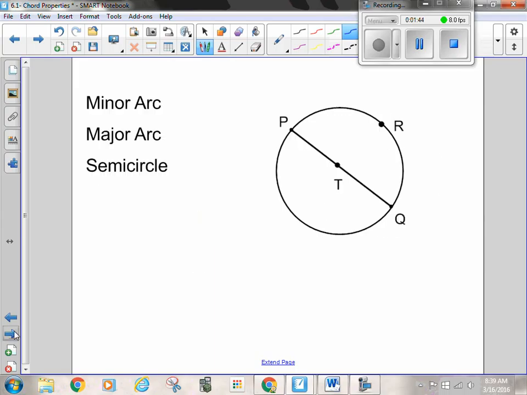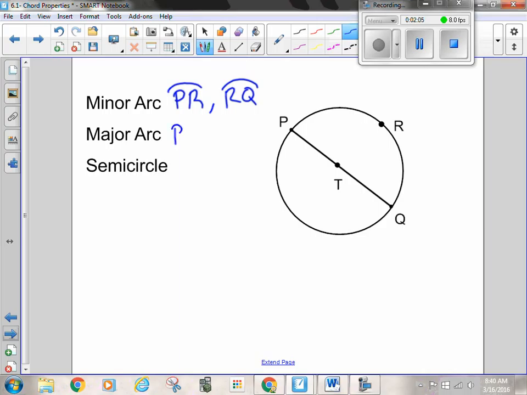Okay, then we have three types of arcs. We have a minor arc, so that would be like PR. Remember, arcs are written like that. Or we could say RQ. Those would both be minor arcs. They're arcs that are less than 180 degrees. A major arc is an arc that is greater than 180 degrees.